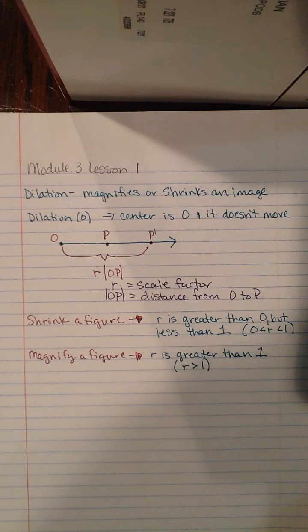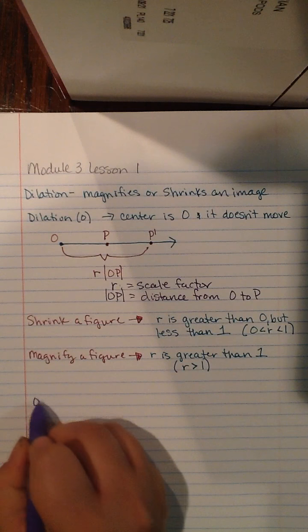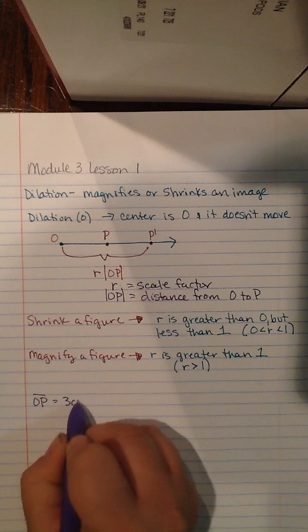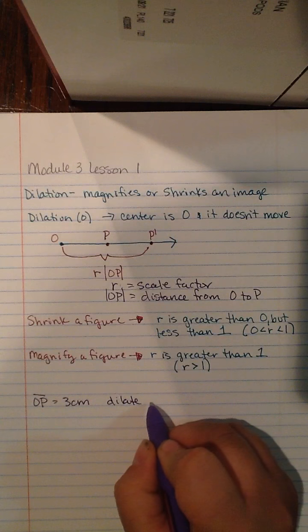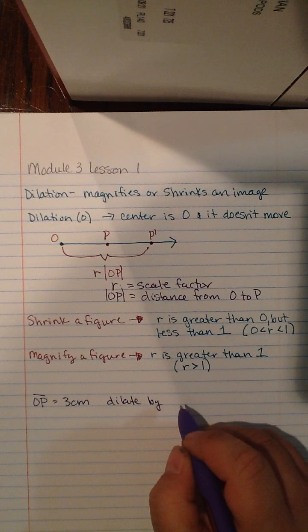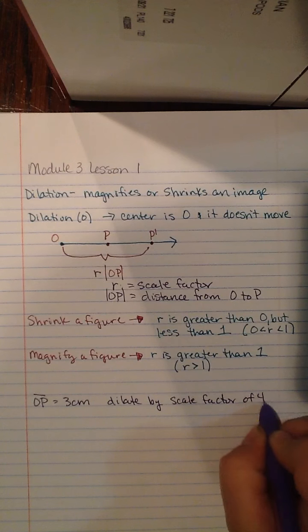Okay, so now we're going to look at some examples, and I'm going to write these down here. So you have a segment OP equals 3 centimeters. Okay. And you're going to dilate it by a scale factor of 4.